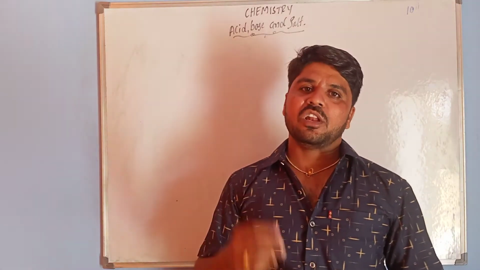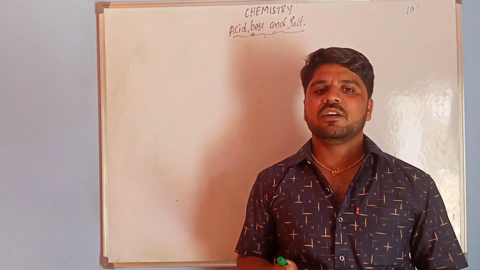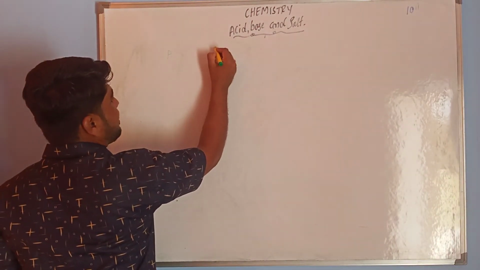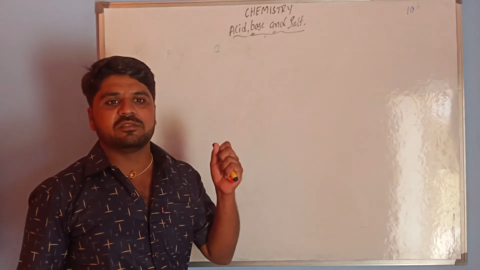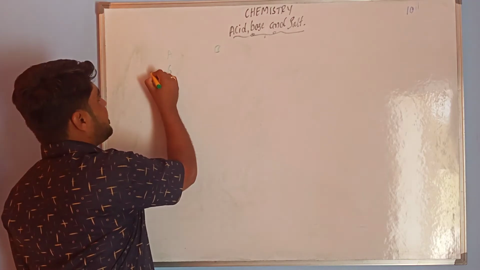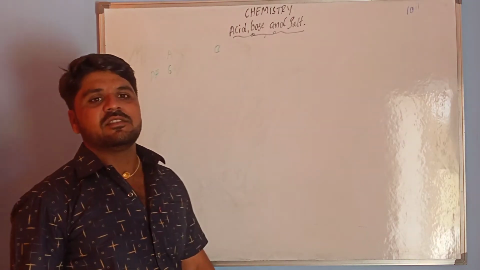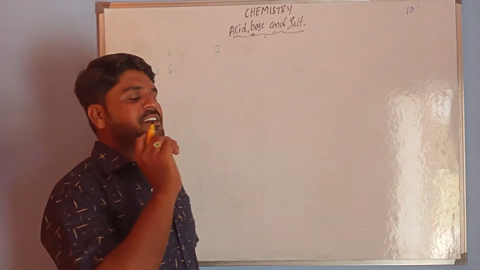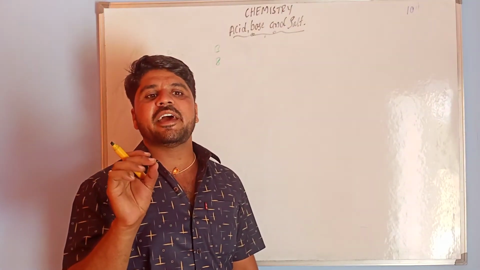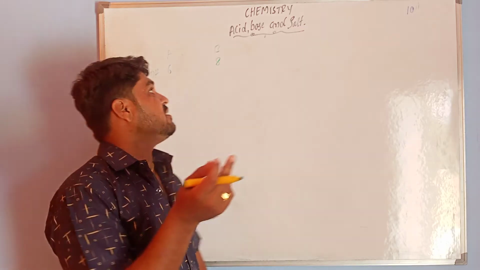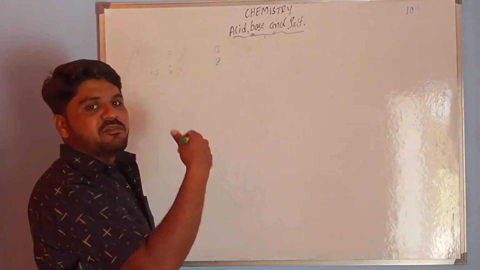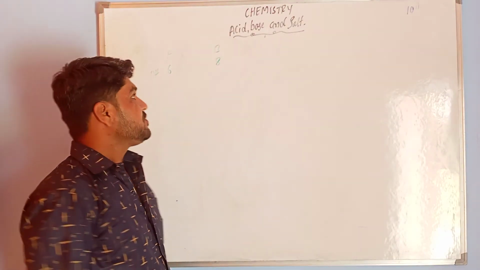You have two solutions, A and B. The pH of solution A is 6, and B is 8. From this, which solution has more hydrogen ion concentration? Which one has the higher hydrogen ion concentration?